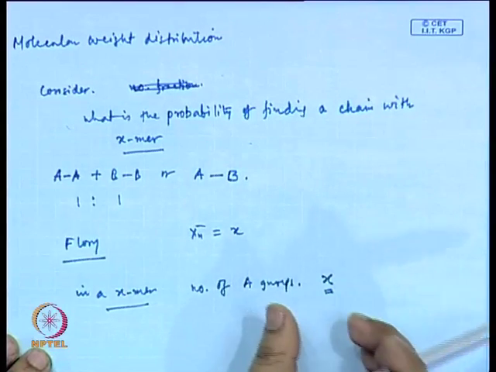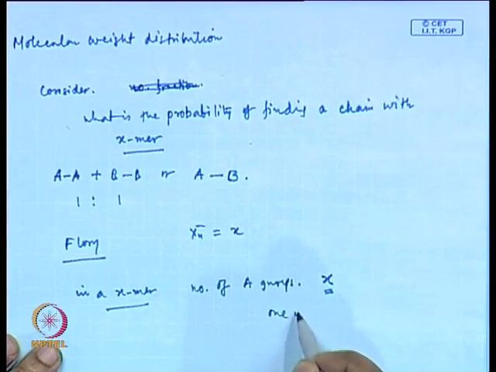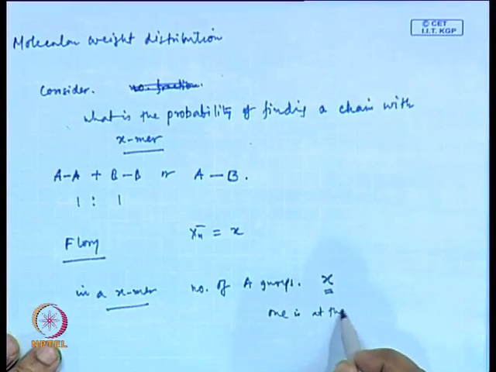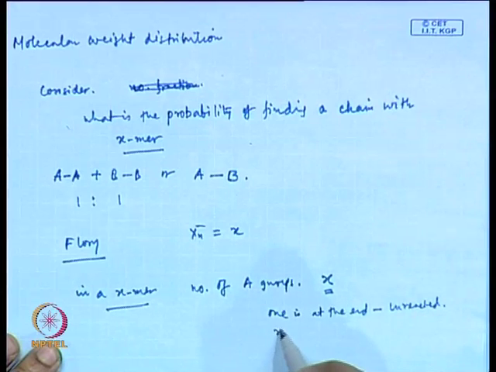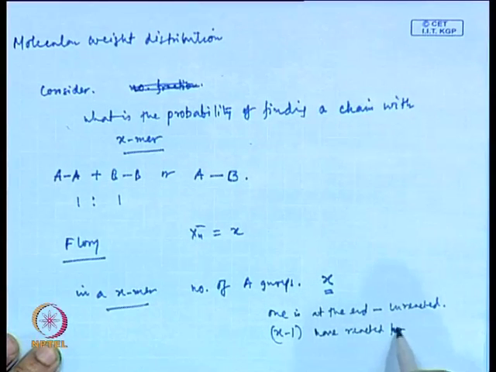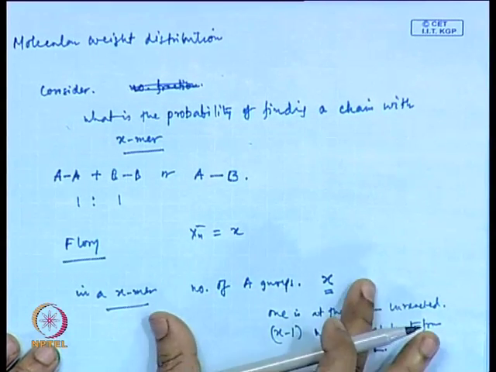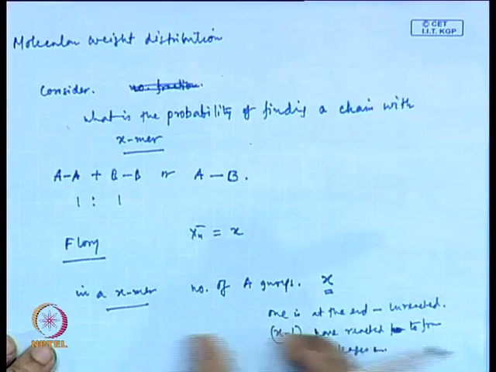Out of this x number of A groups, one at the end is unreacted and x minus 1 have reacted to form linkages.